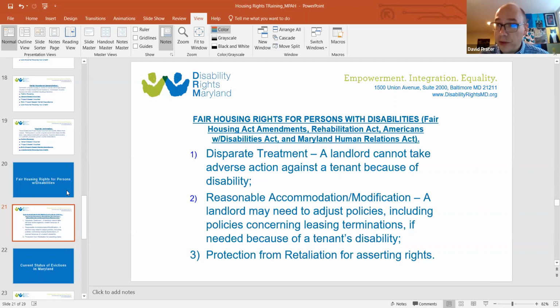And she wrote to the landlord to request those accommodations. And the next thing you know, she got a notice of non-renewal from the landlord. So it was pretty clear-cut to us what was going on there, and we were able to step in and protect that tenant's housing.